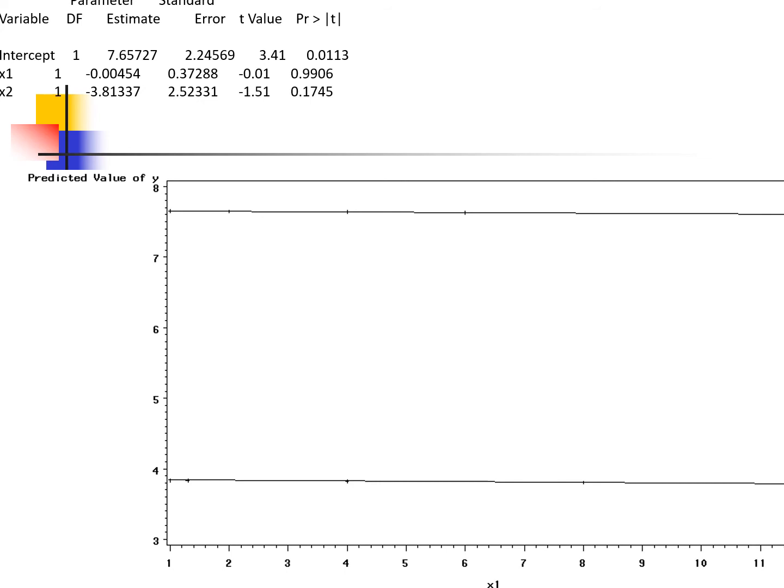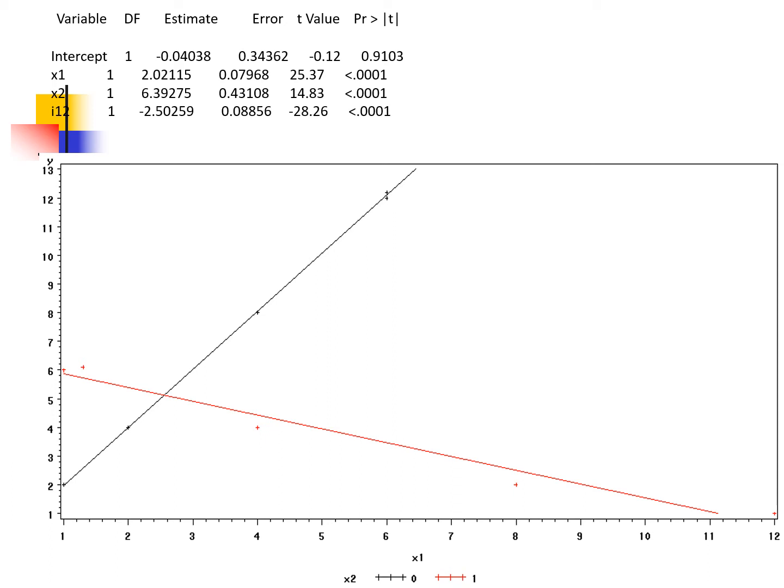But what if we add just one additional variable, an interaction term? Wow. Look at that. What a difference a variable makes.